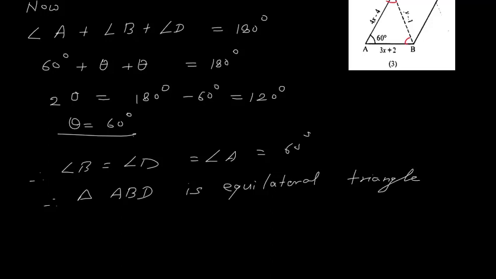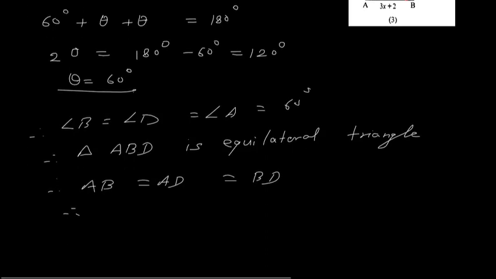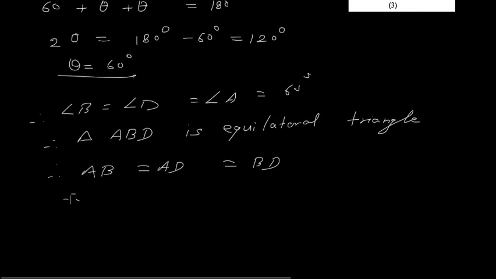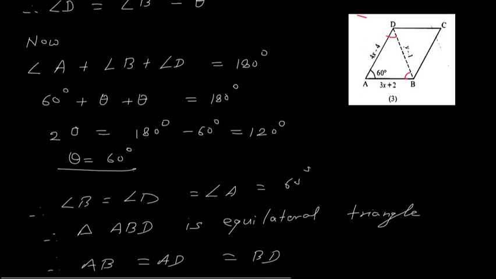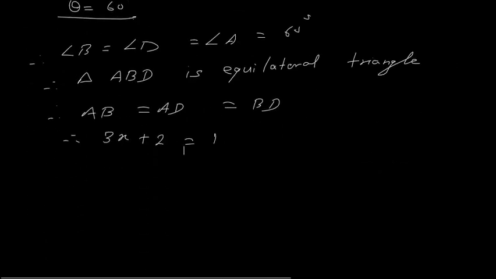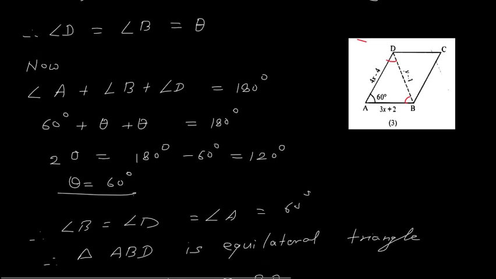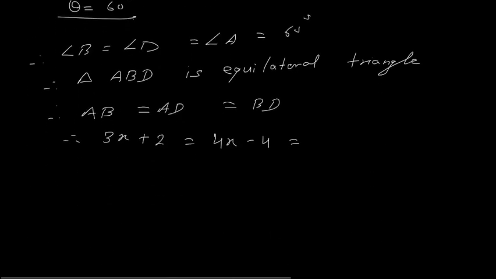Now in an equilateral triangle all sides are equal, so therefore AB is equal to AD is equal to BD. The value of AB is 3x plus 2. So 3x plus 2 is equal to AD, which is 4x minus 4, is equal to BD. The value of BD is y minus 1.